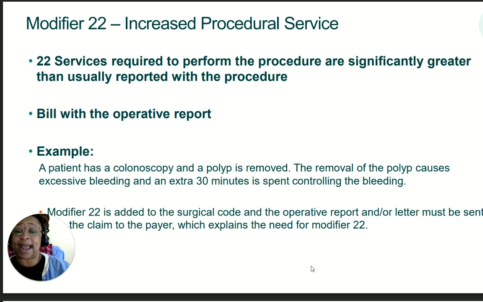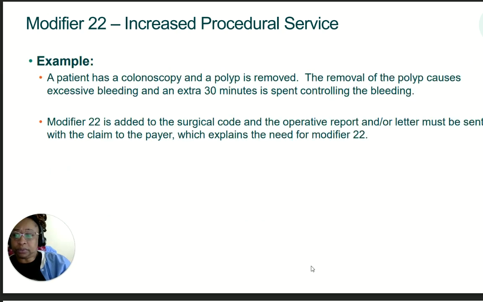Modifier 22 is then added to the surgical code, and the operative report and/or letter must be sent with the claim for the payer to explain the need for the 22 modifier. In the example, the polyp removal took an additional 30 minutes. So like I said, anytime additional time is spent that is out of the normal for the procedure, we add the 22 modifier.